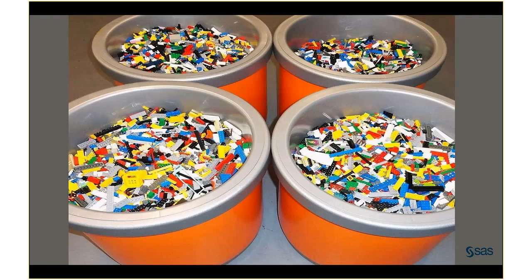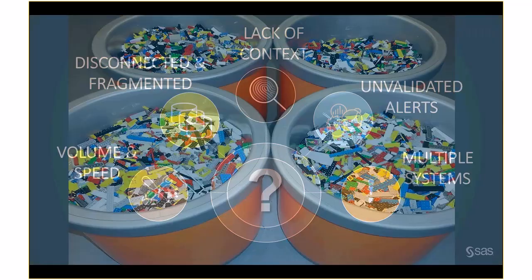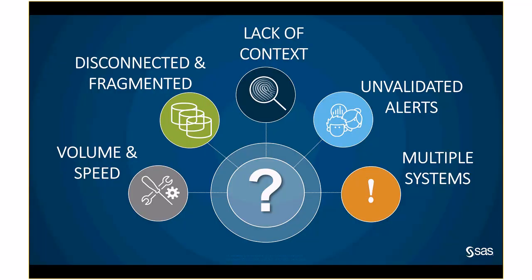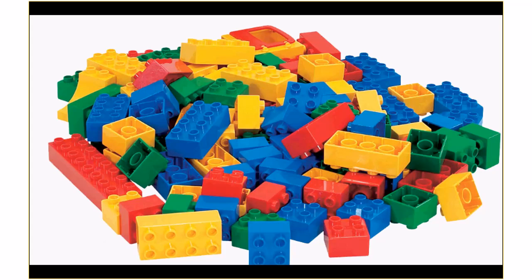Now, we do have technologies to help us to store data. So Hadoop and cloud-based storage is prolifically available, but essentially this can often lead to just more and more buckets of large complex data. And we end up with this result of having huge amounts, a lack of context, unvalidated alerts, and multiple systems continually feeding these buckets, ending up with quite a jumble.